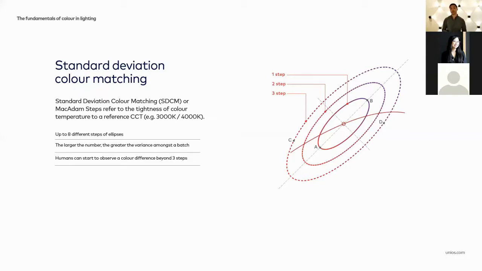And research studies have shown that the human eye can begin to detect anything beyond 3 steps. Which is why luminaire manufacturers try to get as tight of a binning as possible, as tight of a step as possible, to ensure that the result delivered on day one looks exactly the same.